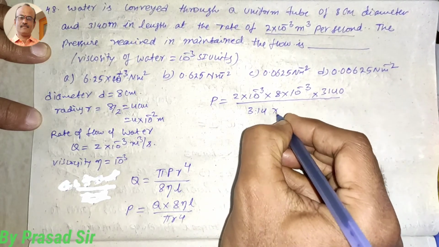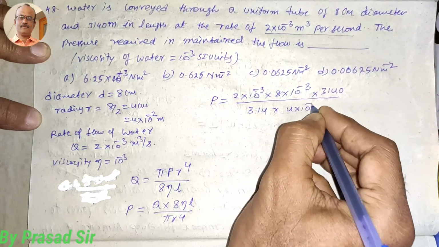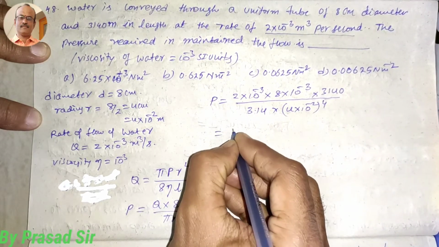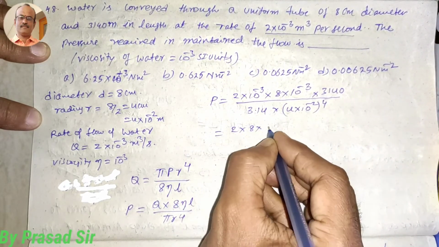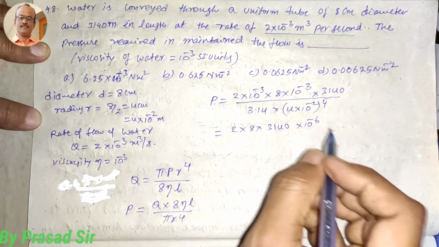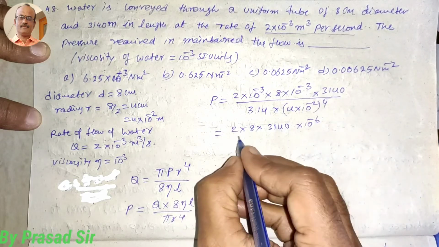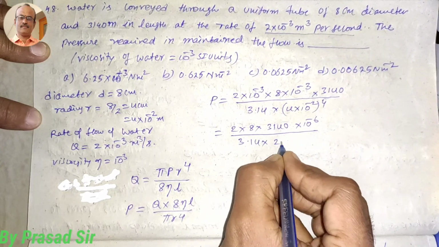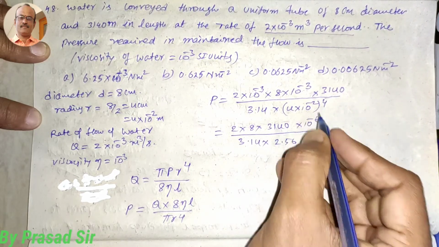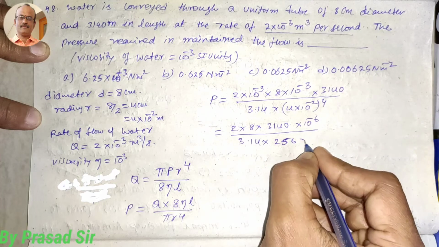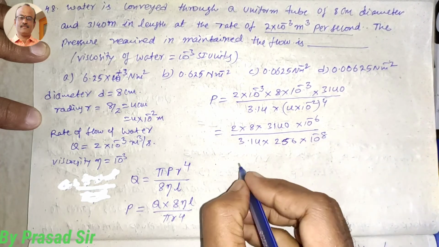3.14, that is pi, but R how much here? 4 into 10 to the power of minus 2 whole to the power of 4. So here 2 into 8 into 3140 into 10 to the power of minus 6, that is minus 3 minus 3, divided by 3.14 into 4 to the power of 4, 256 into 10 to the power of minus 8.